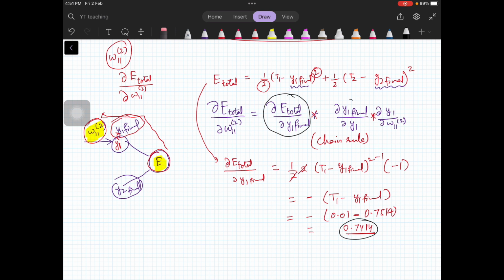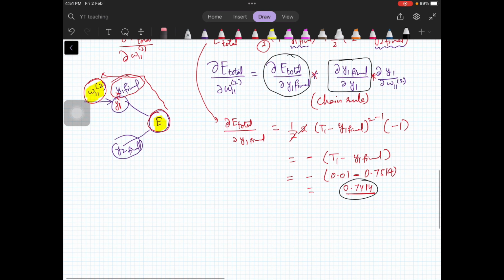Now let us go to the next term. For the next term we have to calculate the derivative of Y1 final with respect to Y1. Now if you look at Y1 final, that is equal to 1 over 1 plus e raised to power minus Y1.